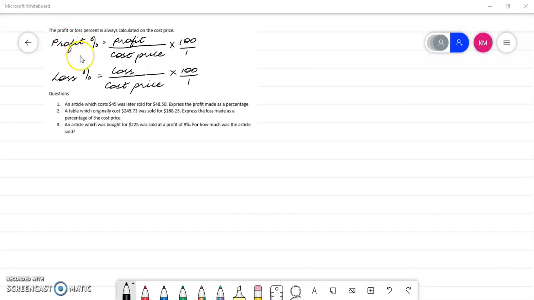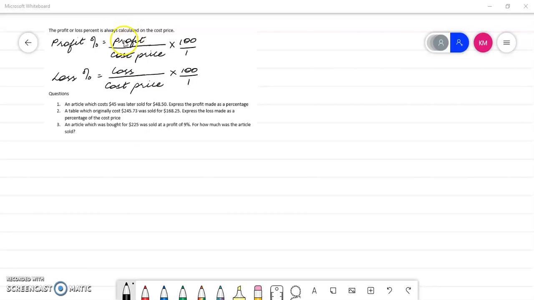So profit percent, your formula is profit over your cost price multiplied by 100 over 1. Your loss percent is loss over cost price multiplied by 100 over 1.